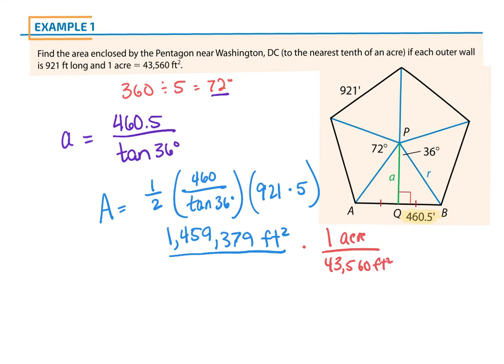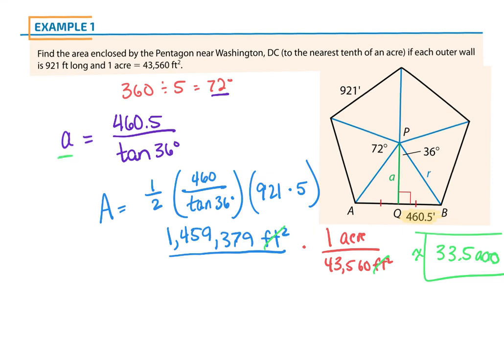You just divide. And when you divide, you get about 33.5 acres, which is pretty big, actually, for the Pentagon. All right? That's how many acres it takes up. 33.5 acres.